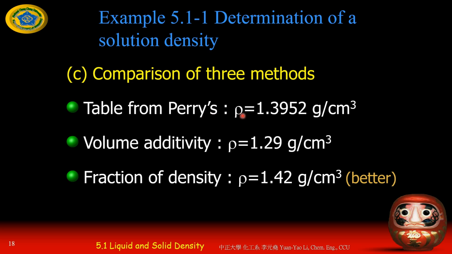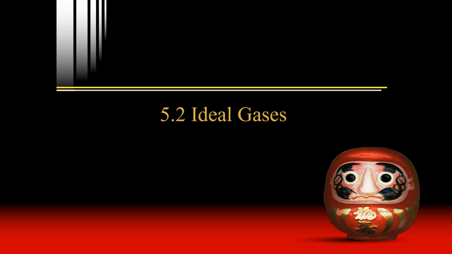So 1.42 is better compared to 1.29. Okay. Easy, right? Easy.